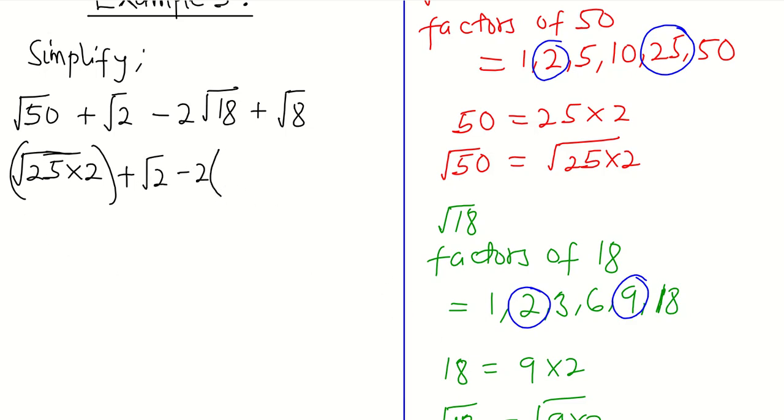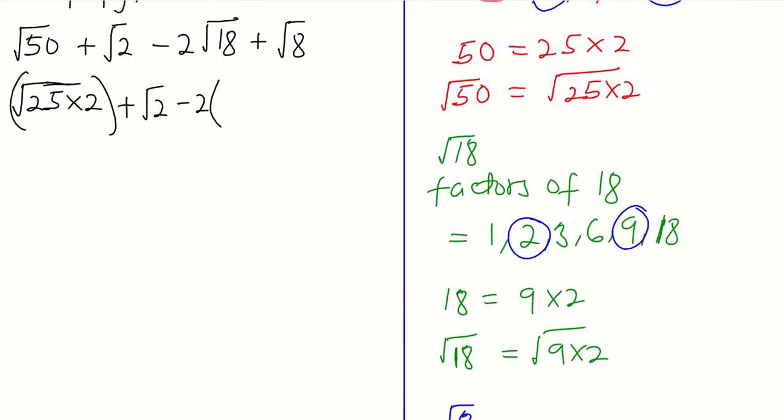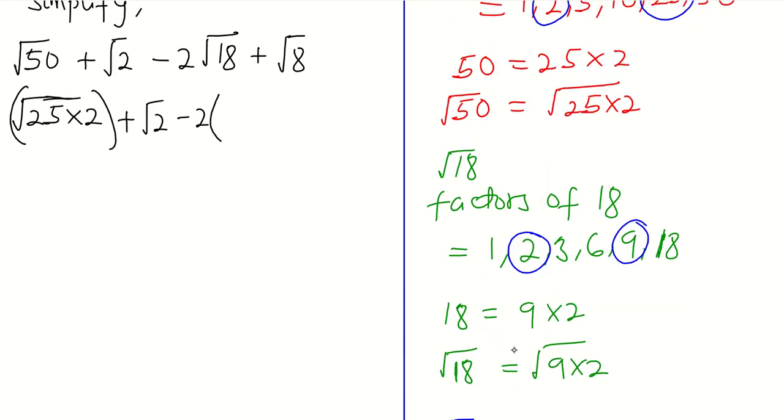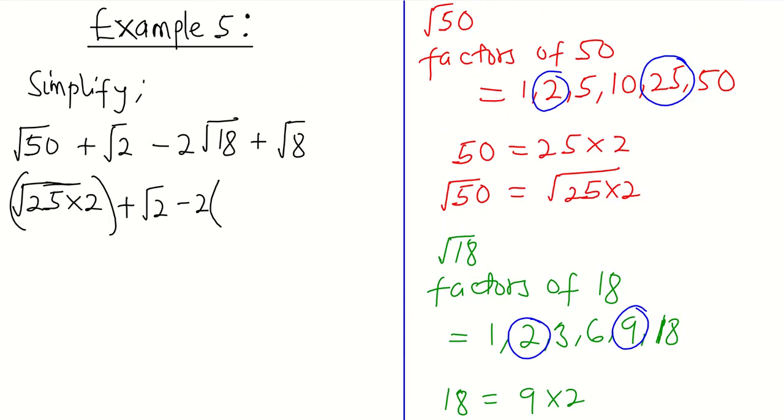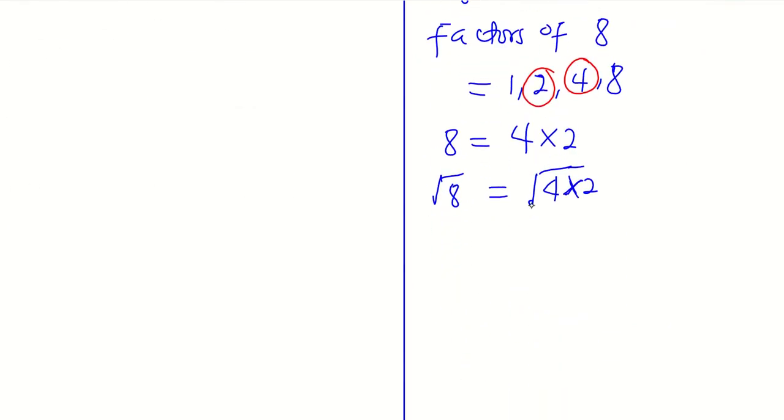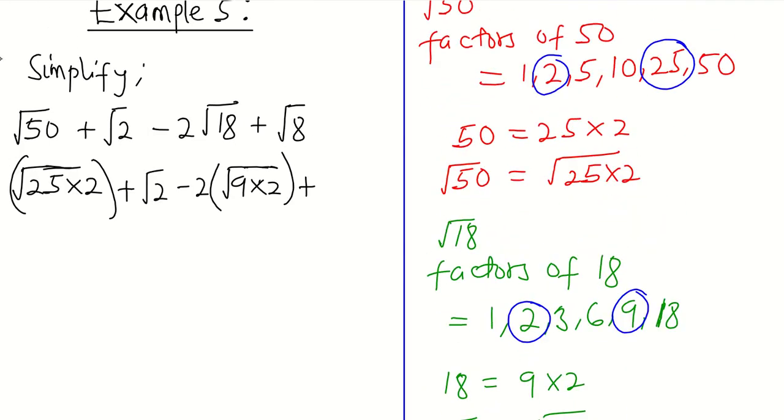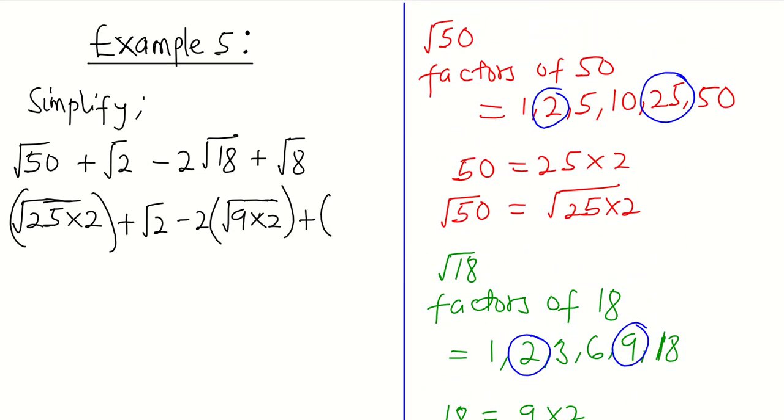And for 18, we can have square root of 9 multiplied by 2. And for 8, we said we can express it as square root of 4 times 2.